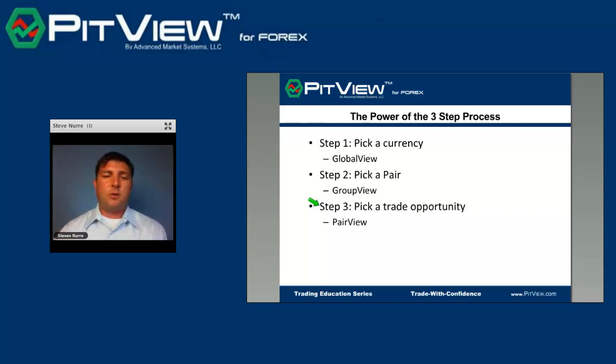And we use PairView to actively confirm our trade, manage our trade, and we can also use it for trade entry. Trade management and trade entry are steps that will be a little bit further down the road in our educational process. But I hope this has been helpful in explaining the three-step process to you, and the power of what PairView is doing for you through that three-step process.